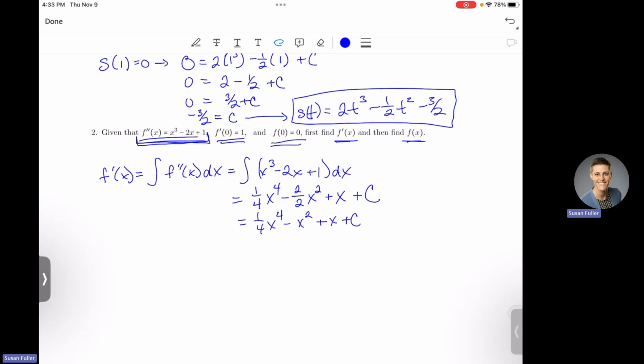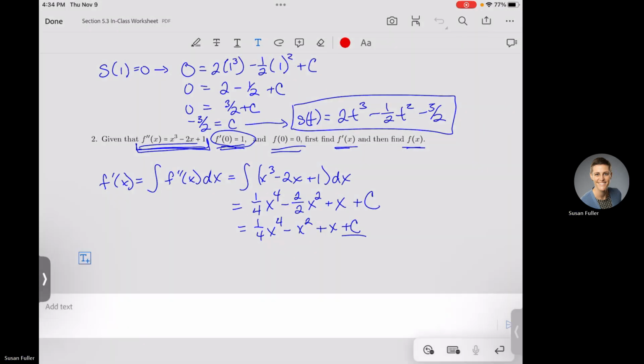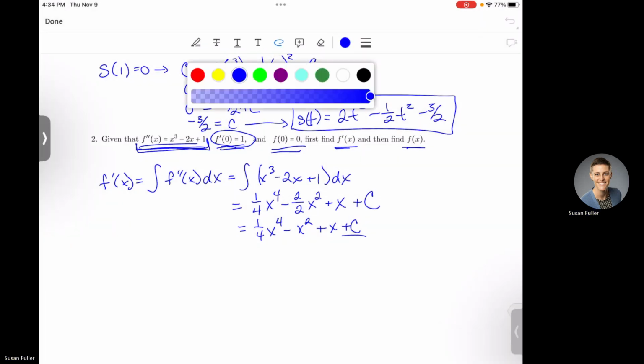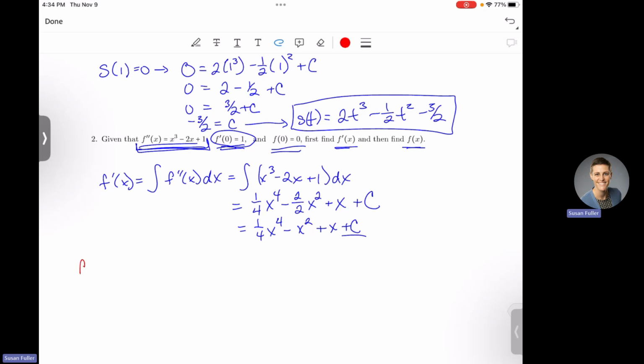But this has a plus c in it. To find my exact first derivative, I'm going to use my initial value here. The fact that f prime of 0 equals 1 tells me that my first derivative is 1 when x equals 0 in here.